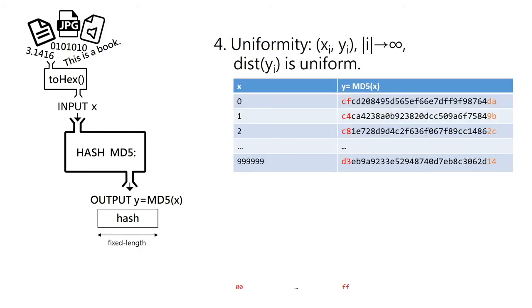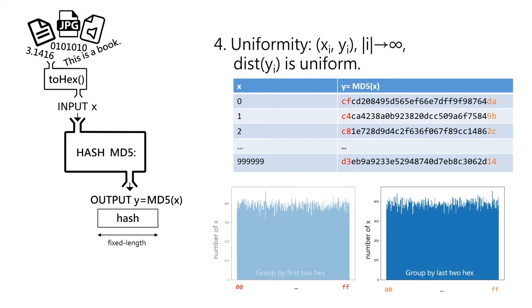Fourth, the outputs of a series of inputs are approximately uniform. Let's make an observation of MD5 output. We use 0 to 100,000 as the input, and these are the hash values. We group the hash values by their first two hexadecimal digits.